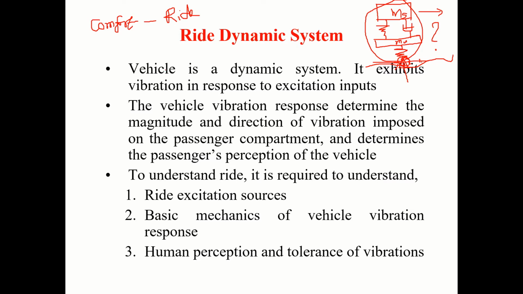It exhibits vibration in response to excitation inputs. Vehicle vibration response determines the magnitude and direction of vibration imposed on the passenger compartment and determines the passenger perception of the vehicle.